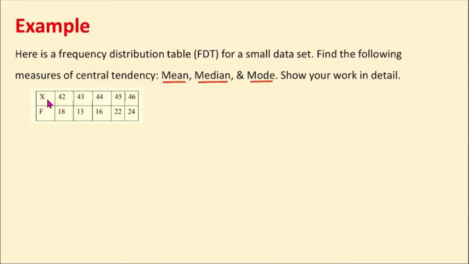So this is the grouped data with the X values and frequency. If you remember the formula for mean, let me write it down. The mean, denoted by X bar, is the sum of X times F divided by N. So that's the formula for the mean.